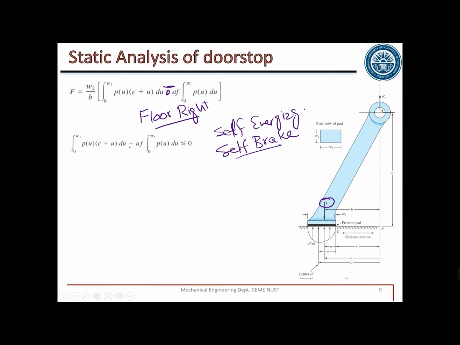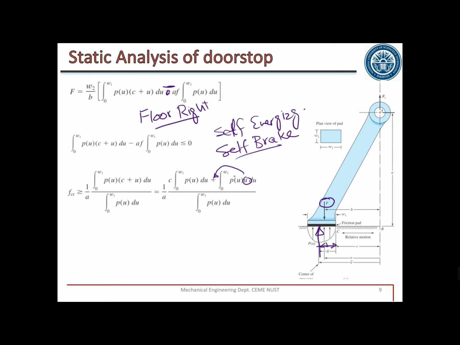So solving it again, separating F from this equation, it will give this whole equation like this. What we have done here is separated two terms, one with C and one with U, the terms integral of PU C du and PU U du. Now if you calculate the pressure distribution, this U can come out of the integral, because U is the distance from this point to the point of application of force.